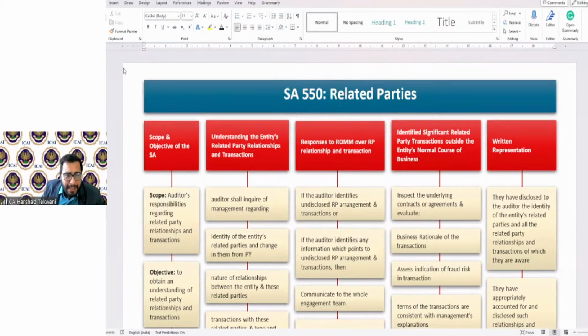Means this standard guides with respect to application of SA 240 plus 315 plus 330 for related party transactions, or I will use the term RPT.